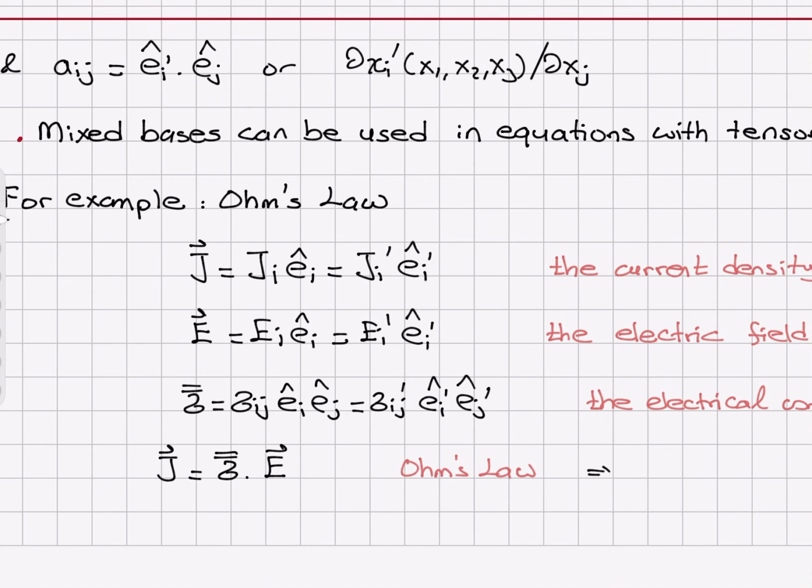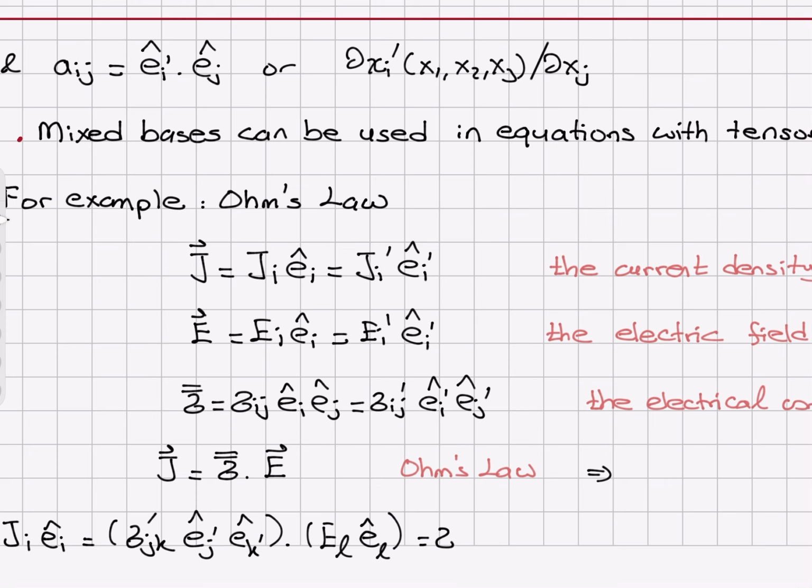Now if I apply this, the J current density, which is J_i e_i hat, is, let's write sigma in the primed coordinate system, sigma_jk prime e_j prime hat e_k prime hat, dot product with the electric field written in the unprimed coordinate system, E_l e_l hat.